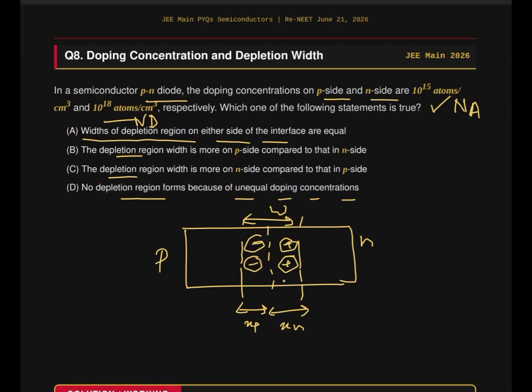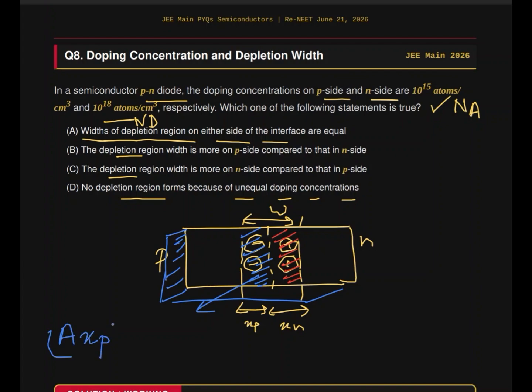But this thing is electrically neutral, right? So we should be having an equal amount of charge in this region and this region. What is the charge here? Let's say the cross-sectional area is A on both sides. The volume is A into Xp.